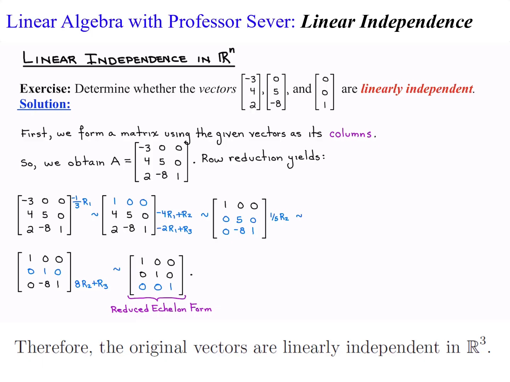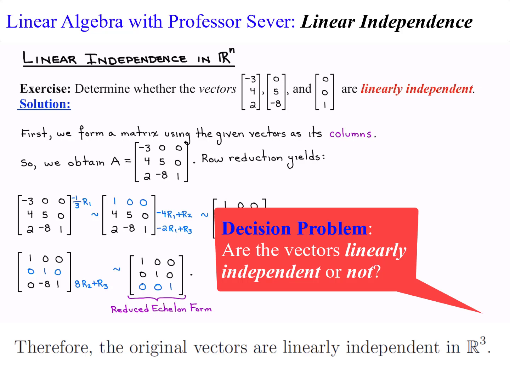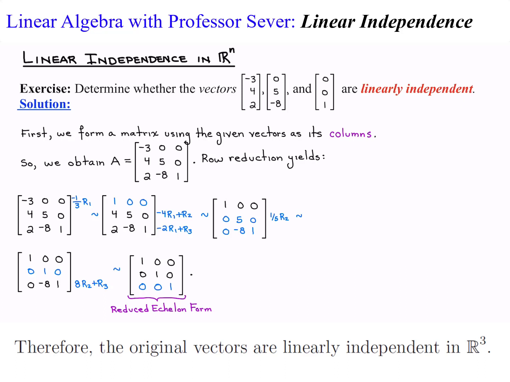You must do the row reduction, but you also must make the appropriate claims and state why you are able to claim that the columns are linearly independent. Let's think about it. This is a decision problem. It's just a yes or no. So we don't really want to know that the answer is yes. We want to know why the answer is yes. And as a grader, I want to know whether you know why the answer was yes or no.